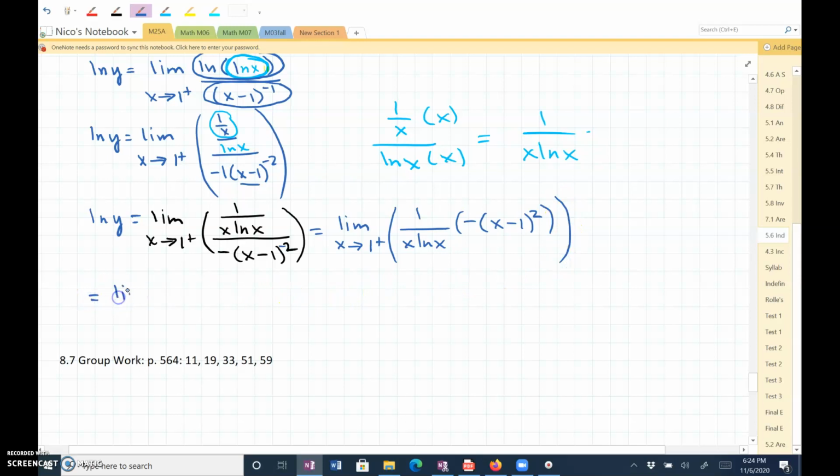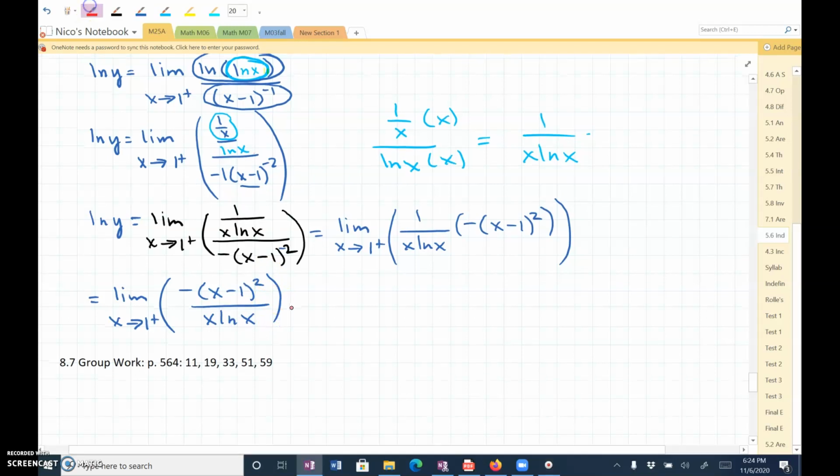Then the limit as x goes to 1 from the right of negative x minus 1 squared all over x times the natural log of x. Now when you try to evaluate the limit, you're going to get 0 over 1 times 0, so 0 over 0, that's indeterminate.